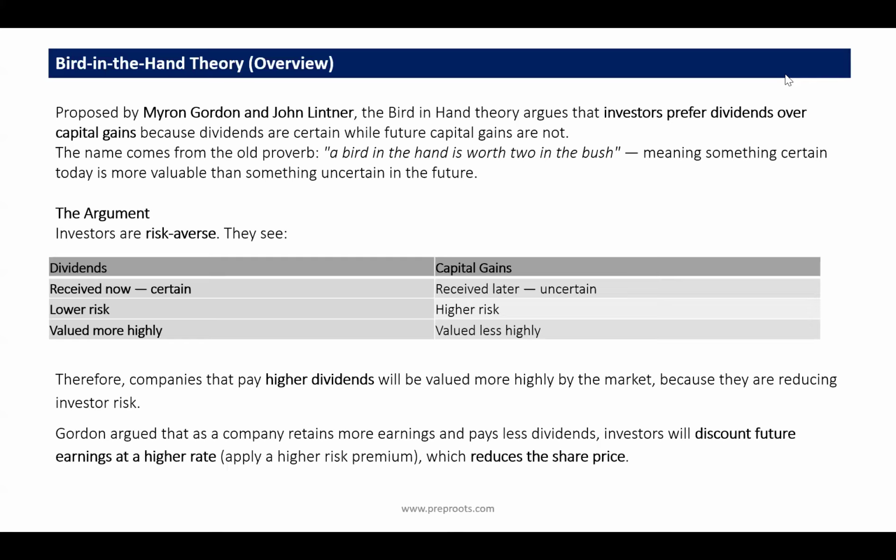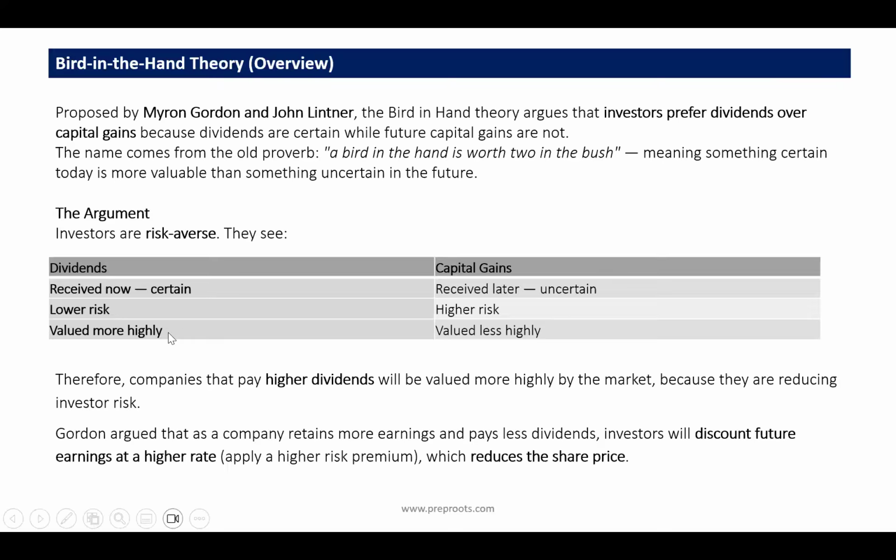So, bird in the hand theory comes from a bird in the hand is worth two in the bush, meaning something certain today is more valuable than something uncertain in the future. So dividend is certain. If you receive dividend, it is more valuable compared to the capital gain. Dividend received now is certain.